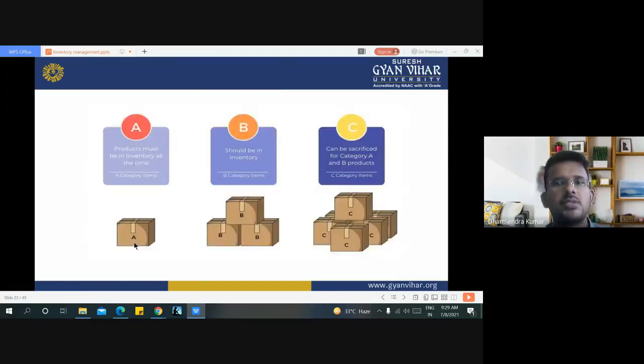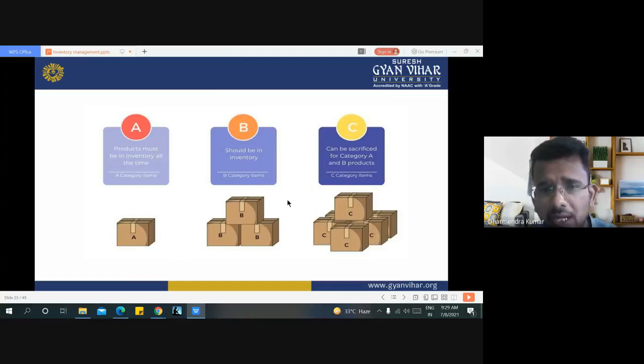Here are some charts describing ABC analysis. In group A, the product must be in inventory all the time. A category items carry more inventory cost, but here we can see that the quantity is small. This is usually used in any manufacturing plant.